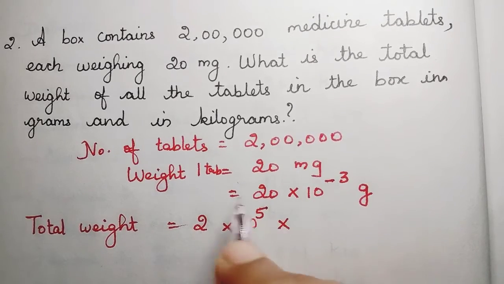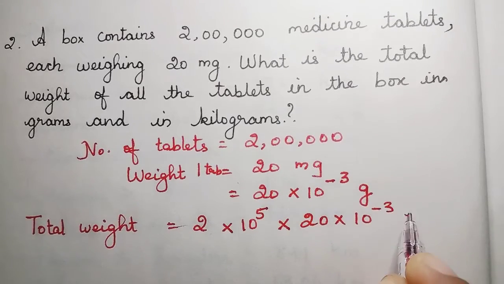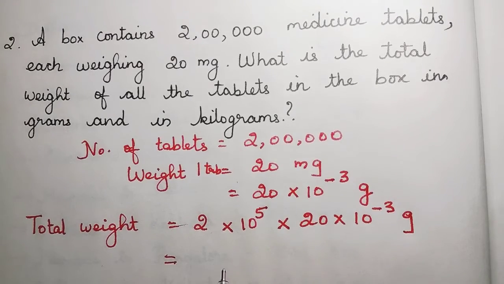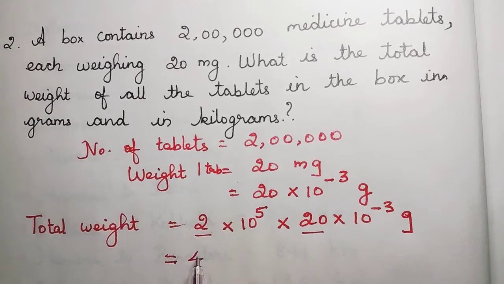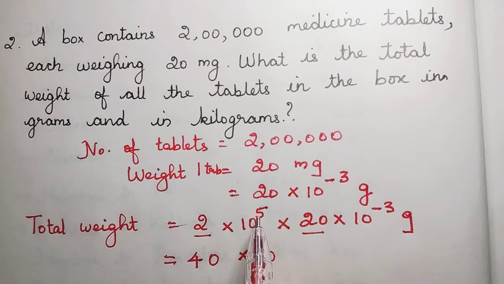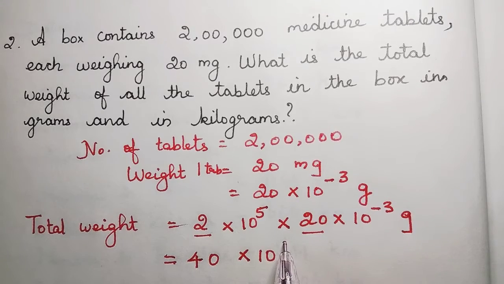And when you multiply this by the weight, you will get 20 into 10 to the power minus 3 grams. First you just multiply this 2 and this 20. So it will be 40. And when you multiply the powers of 10, you have to just add them. So plus 5 minus 3 is equal to 2.